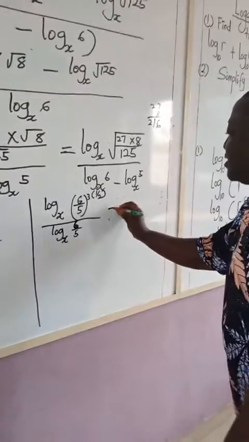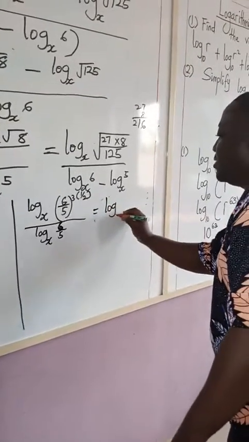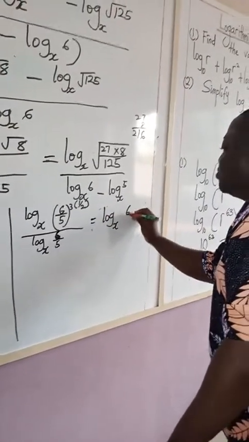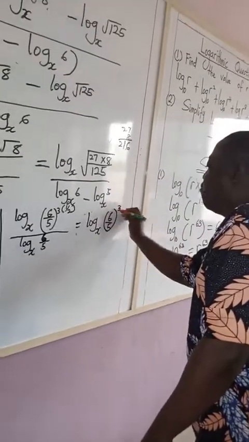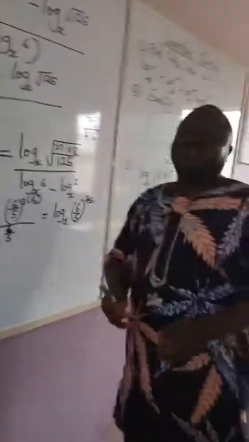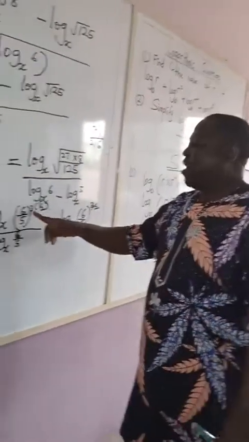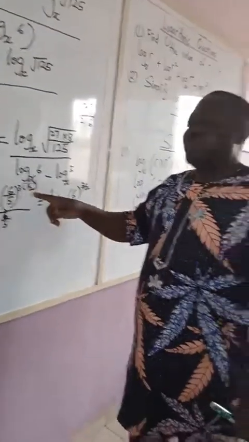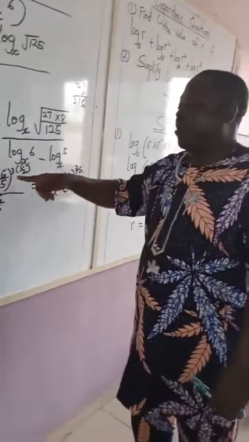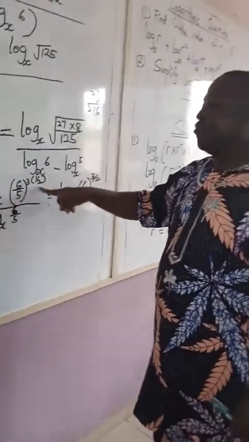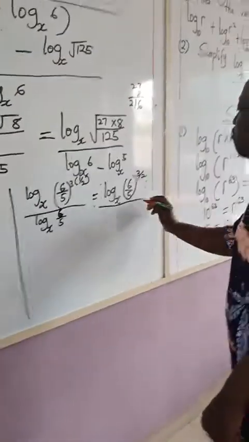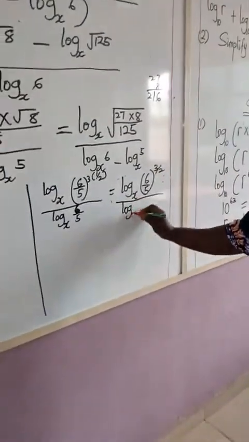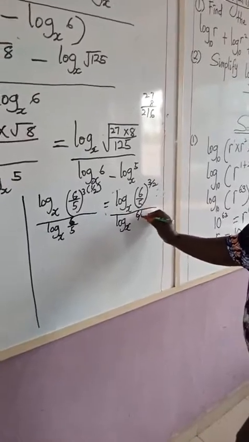Then this is the same thing as logarithm in base x of 6 over 5 raised to power 3 over 2. According to one of the laws of indices, whenever we have two powers, we need to multiply the two powers. So 3 times 1 over 2 will give us 3 over 2. Then all over logarithm in base x of 6 over 5.